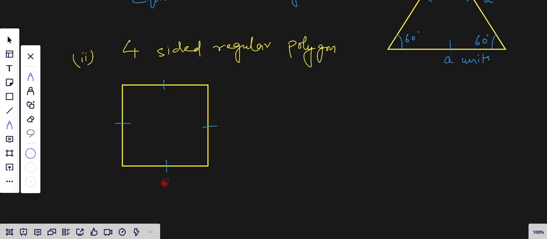Let's say this side is a units, this side is also a units, this side is a unit, and this side is also a unit, and all the angles are equal to 90 degrees, right? The sides are perpendicular to each other. That means the interior angle is 90 degrees. So the best example is a square.